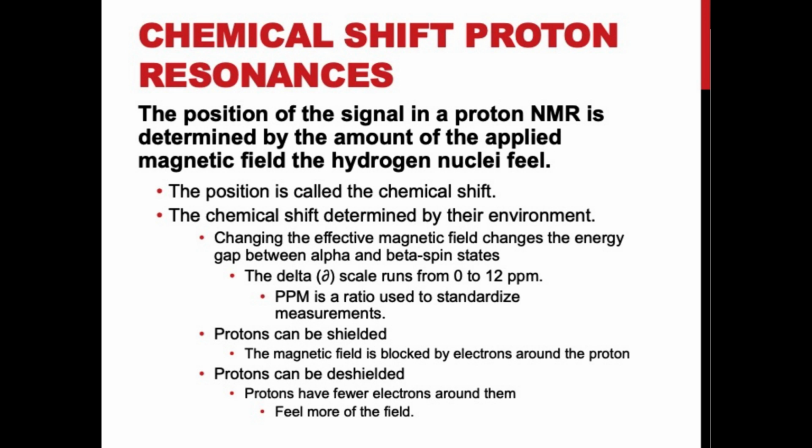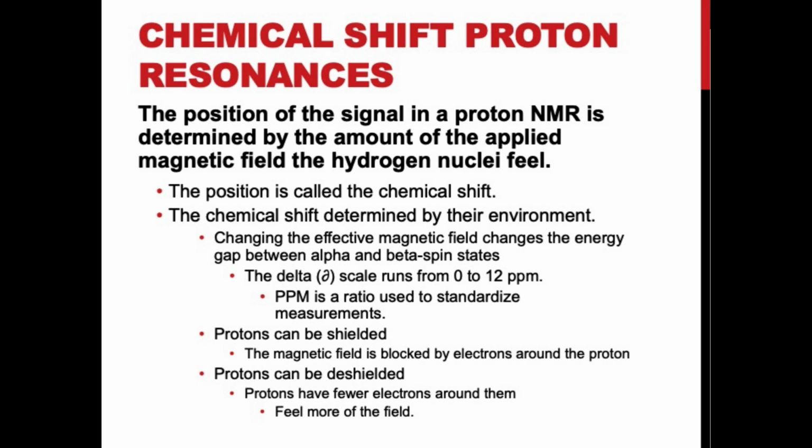We can say that protons are shielded. Shielded protons do not feel as much of the magnetic field as they should. Basically, if a proton's shielded, it is protected from the magnetic field and feels less field from the NMR. Electrons shield protons, so the more electron density you have around a proton, the more shielded it is.